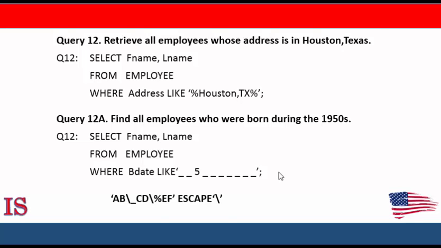For example, 'AB\_CD\%EF' quote, and you see escape quote, the backward slash, quote, that is defining that backward slash as the escape character, which means that it's going to ignore that underscore as being a wildcard. It's going to ignore that percent sign as being a wildcard and give us that result.